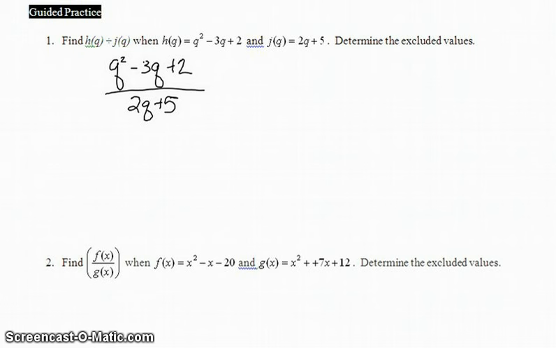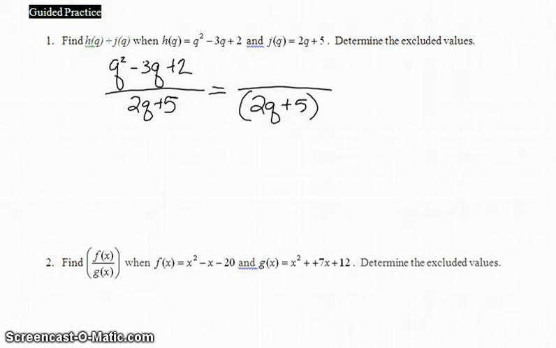Step 1, set it up as a fraction. Step 2, factor both the numerator and the denominator. Well, my denominator is already factored. I'm going to put that in just to get it over with.